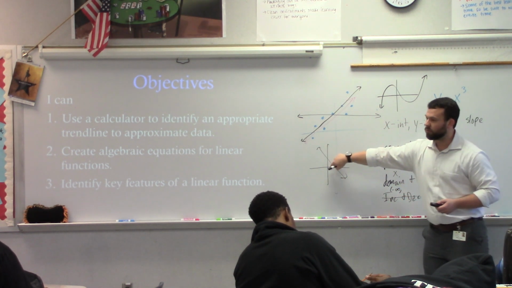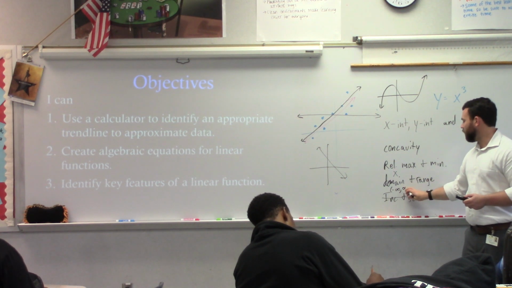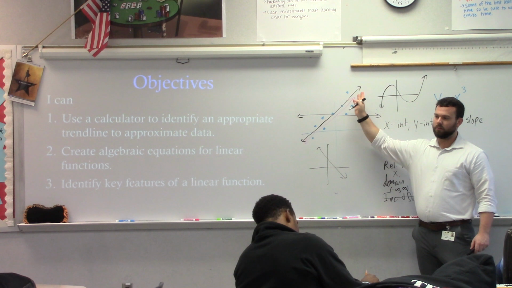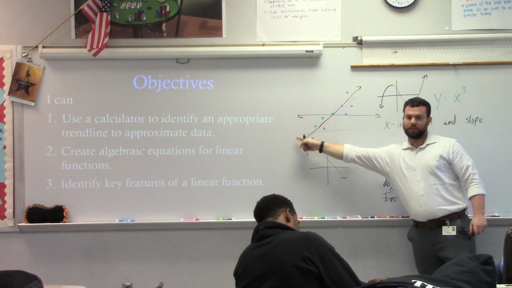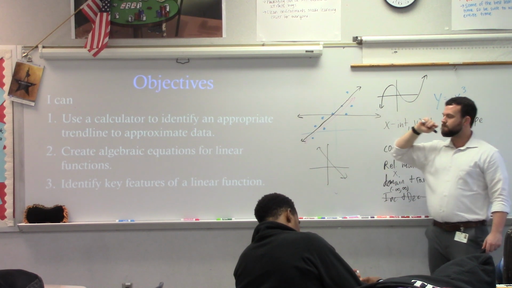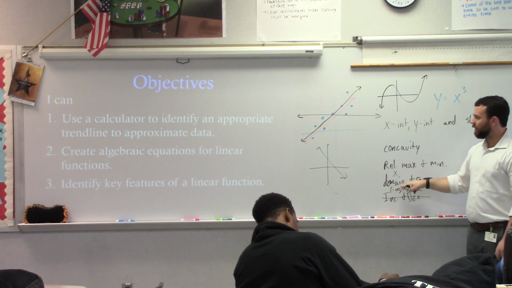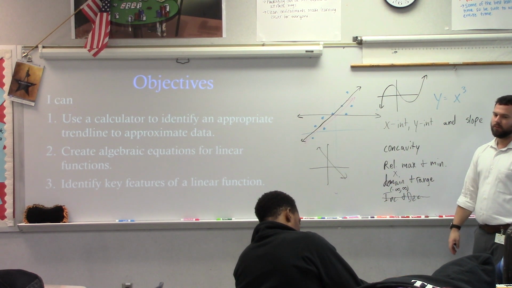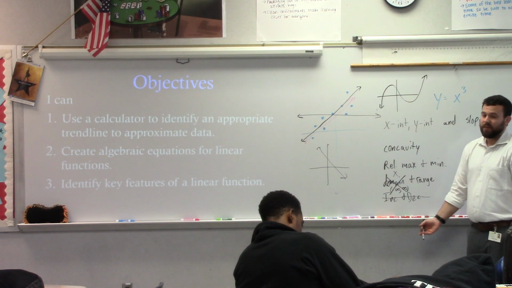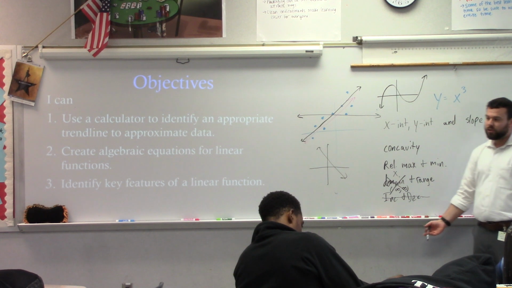It's going to keep going to the right, isn't it? Is that the same for this positively sloped line? The lowest x is negative infinity, the largest x is positive infinity, right? So is that domain ever going to change for a line? No. So we're not going to worry about domain because it's always the same for a line. If it's some other kind of function, we might look at it.